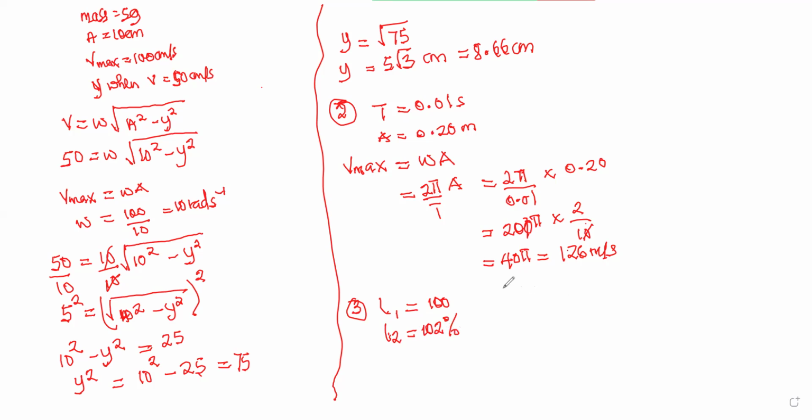Okay, so we said that T is directly proportional to the root of L. Therefore, T2 over T1 will be equal to the root of L2 over L1.